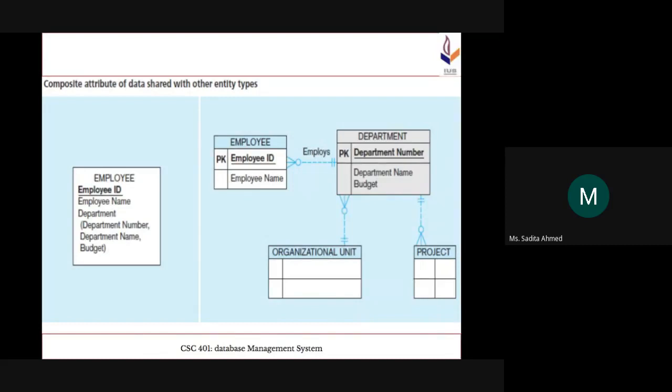But before putting department number or something like that as a foreign key pointing towards the actual department, we would have to first create a department entity, no? We'll get to that, but later. But before doing that, we need to create a department entity. We cannot put department as an attribute under employee. We need to create a department entity separately, right?